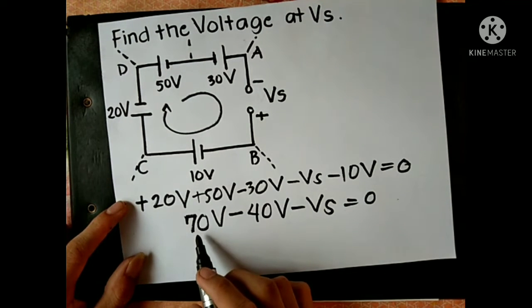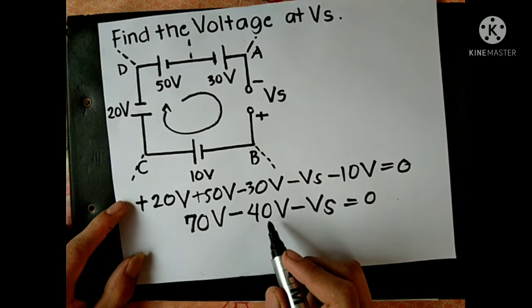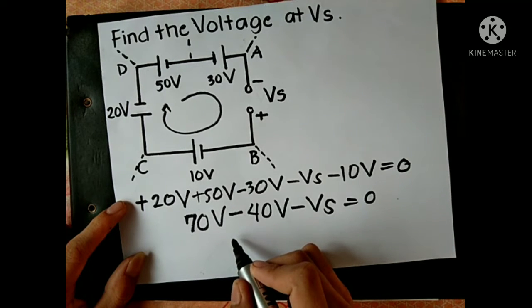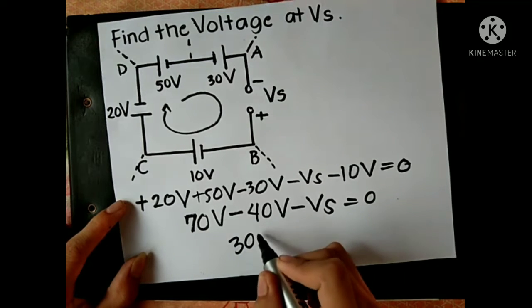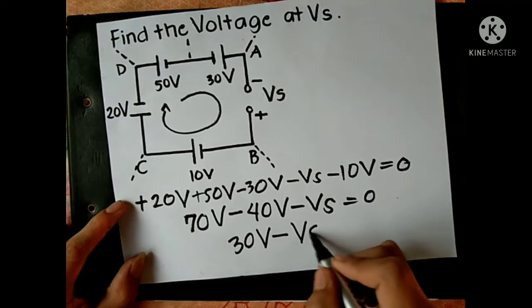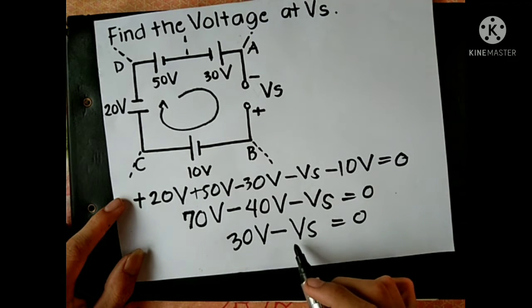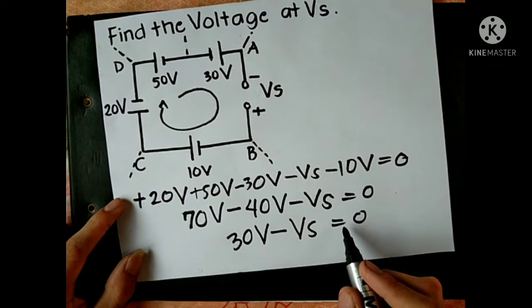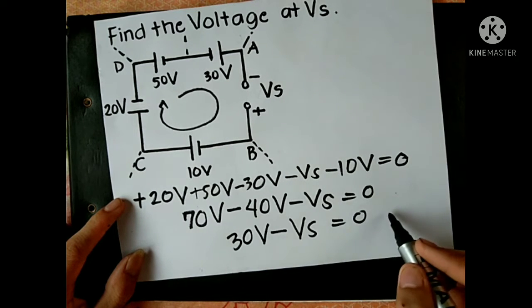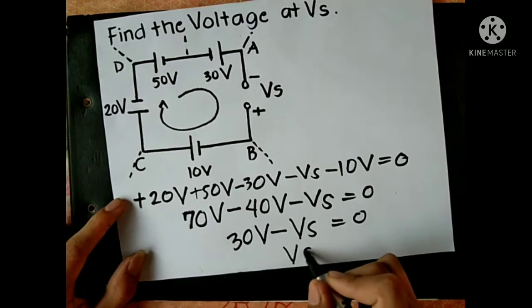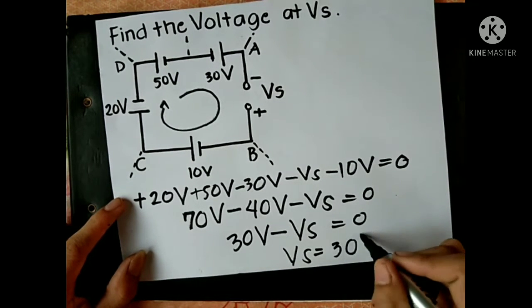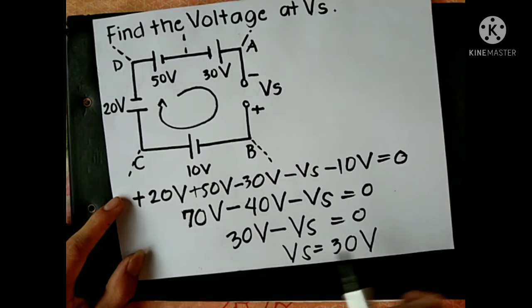We can subtract 40 from 70, so the answer is 30 volts minus VS equals 0. To get the voltage source, we transpose the negative VS to the other side, so VS is equal to 30 volts.